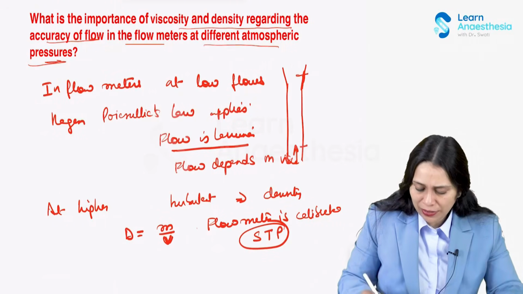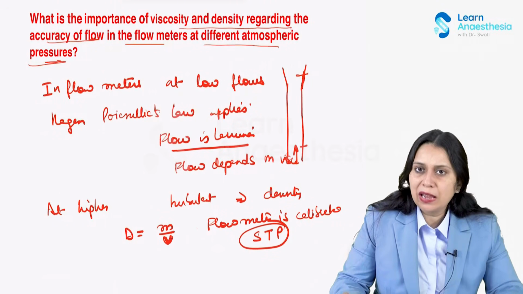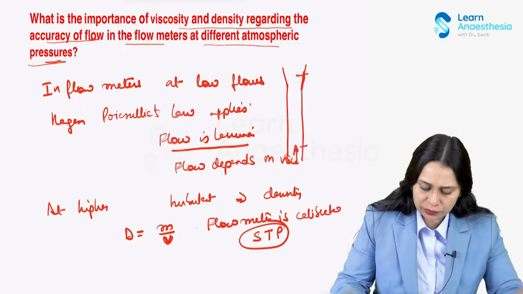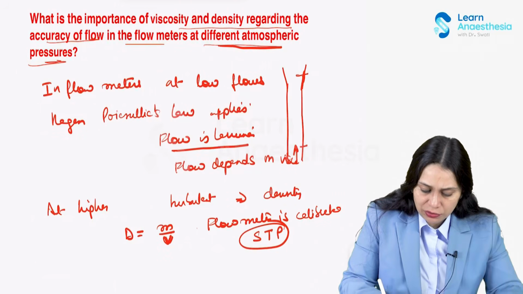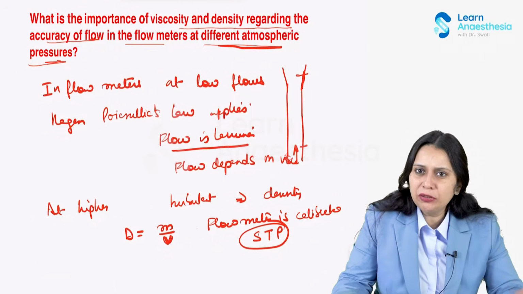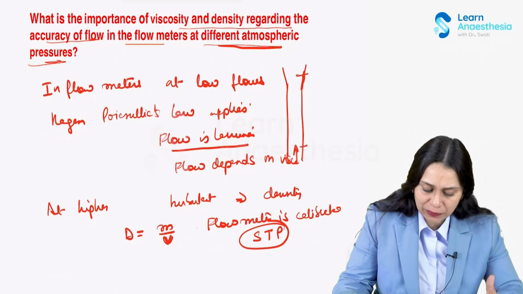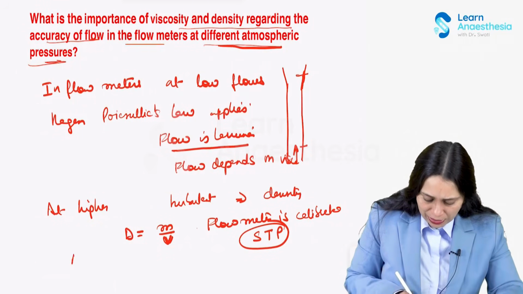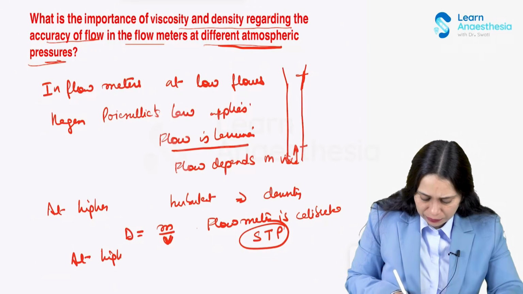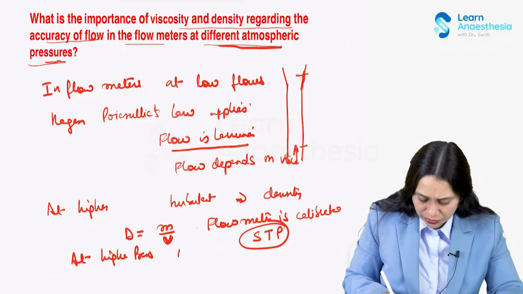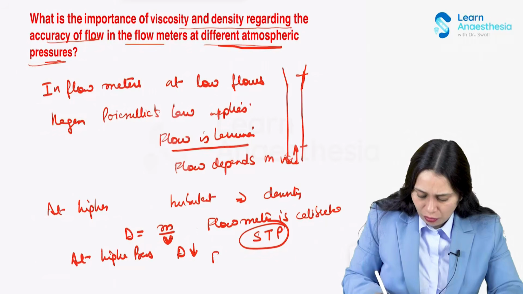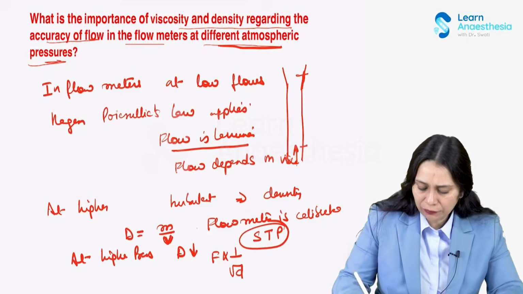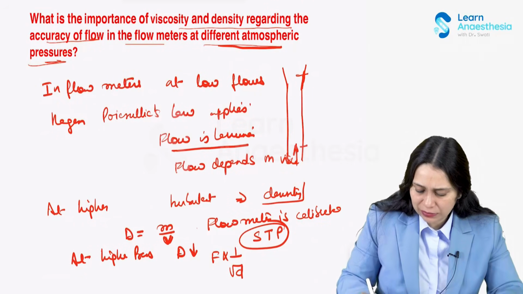So when we move the flow meter to a higher altitude, the density decreases, the gas becomes less dense. Flow is inversely proportional to the density. The higher flow which we are giving depends upon the density.